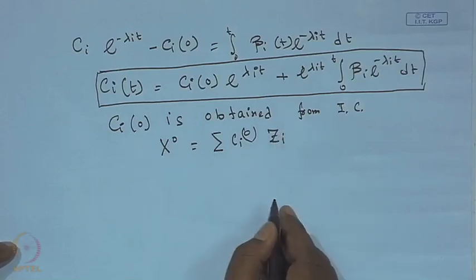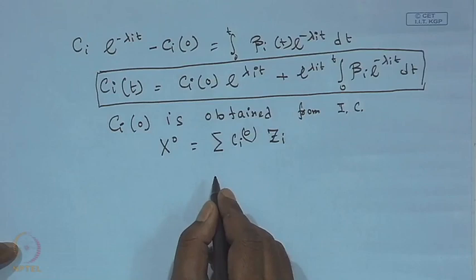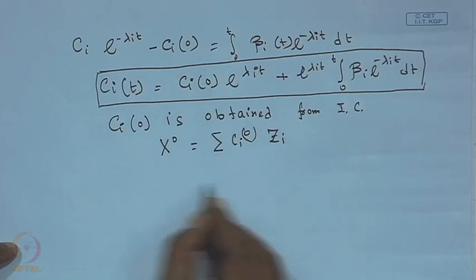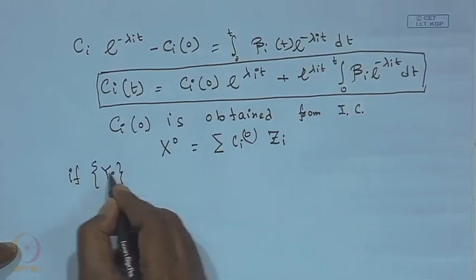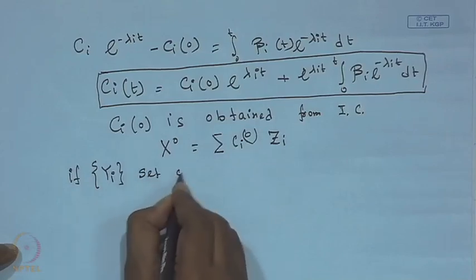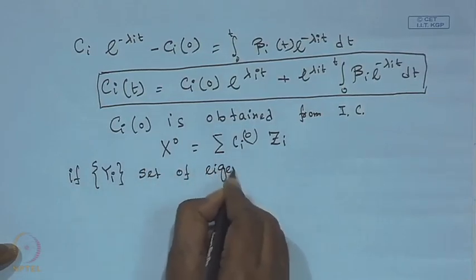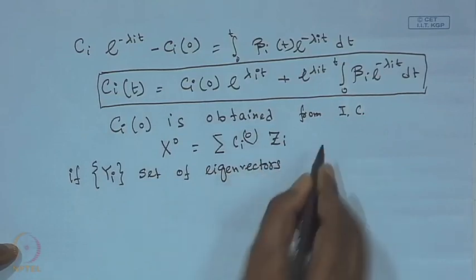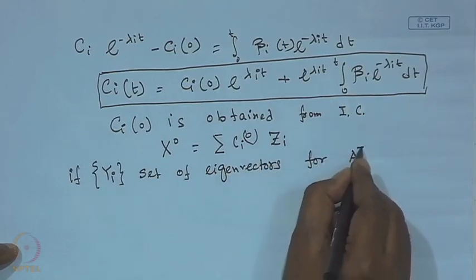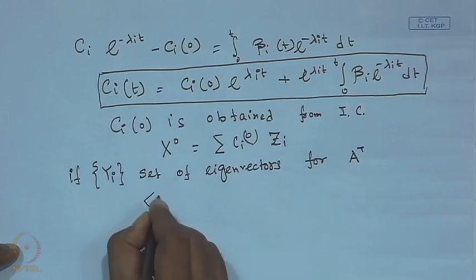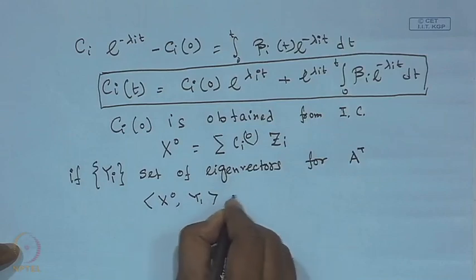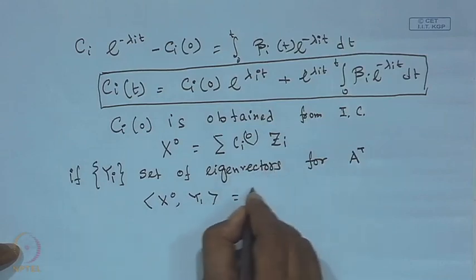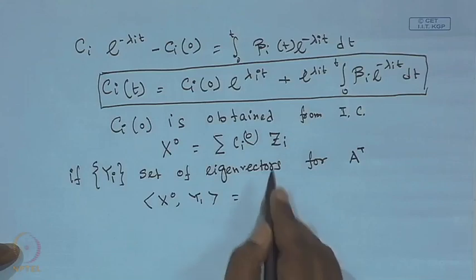So, therefore, one can obtain this by combining this with the eigenvectors of A transpose. So, now if y_i is a set of eigenvectors for A transpose, then the inner product of x0 and y_1 should be given as, we take the inner product of this equation with respect to y_1.